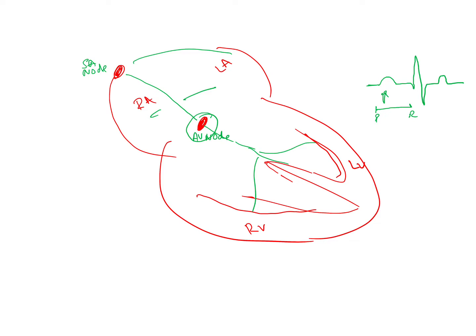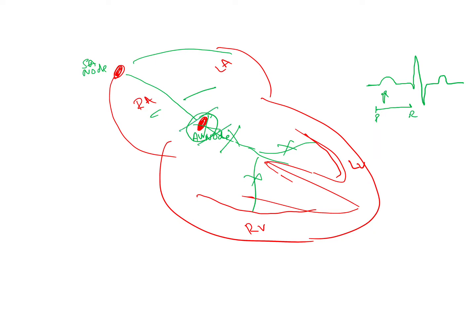So the main defect, as we know, in heart blocks, is that there occurs a block at the AV node, His bundles or bundle branches or the Purkinje fibers. So whenever there is a defect at the AV node junction, the impulse will not be able to travel to the ventricles from the atrium, and there will be more delay at the AV node.